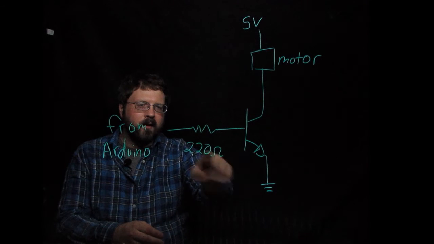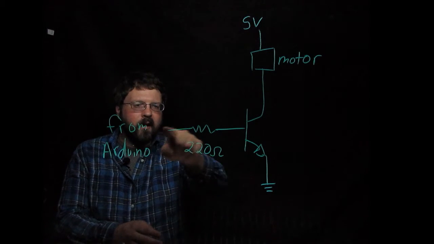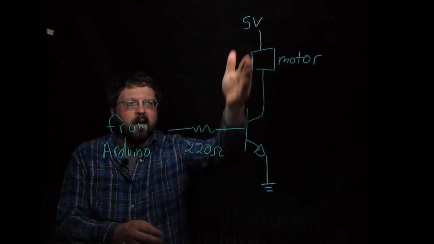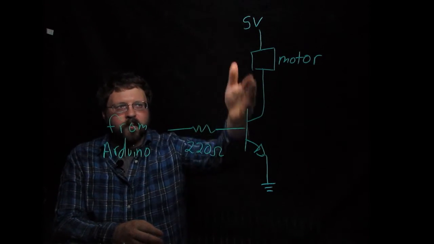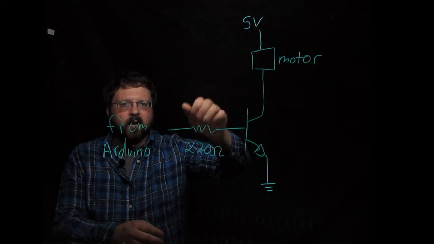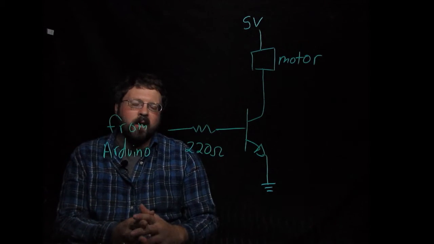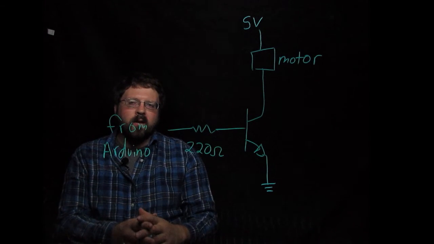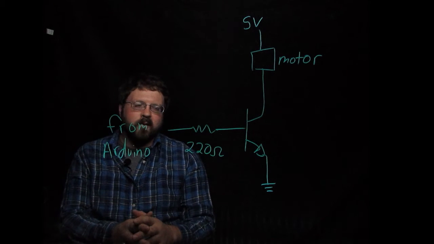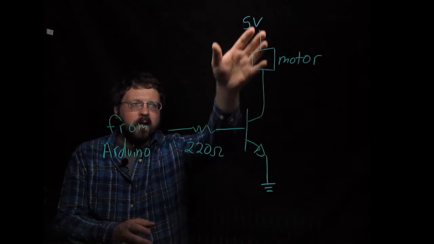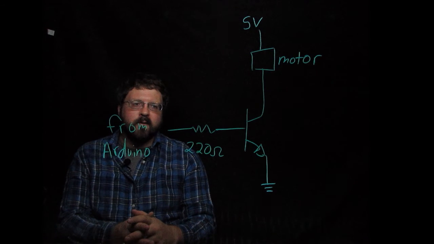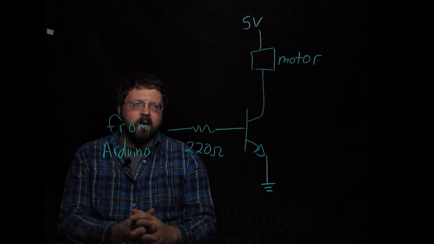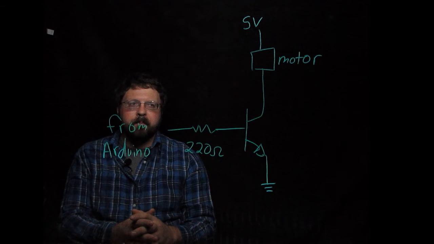When that current flows through, that has the effect of turning the valve on, and now current can flow through like this, just like when you turn the valve on the garden hose, water can flow through the hose. So when we turn the Arduino on, a very small current flows from the output channel because of this limiting resistor, but that small current allows a large current to flow from the 5 volts through the motor and back down to ground.